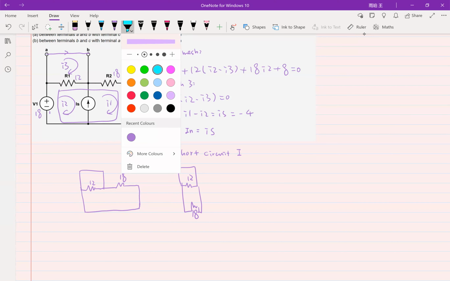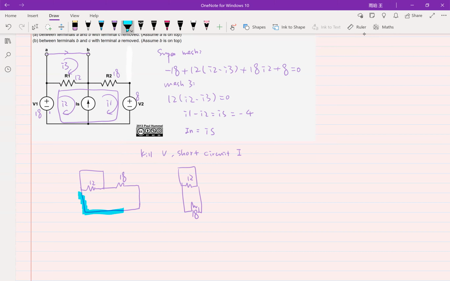I'm dragging the blue part to here and dragging the pink part to here. So to calculate the equivalent resistance, we just calculate the equivalent resistance of these 2 resistors connected in parallel, which would be R equals 1 over 12 plus 1 over 18, to the power of negative 1. Hopefully this is clear enough.